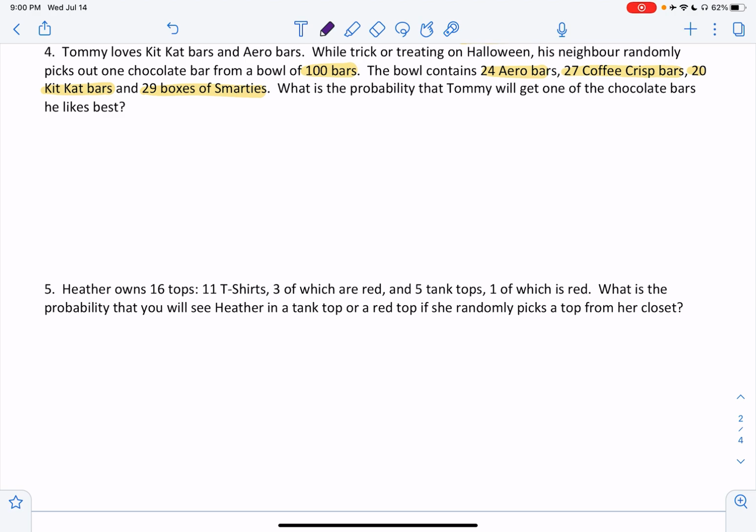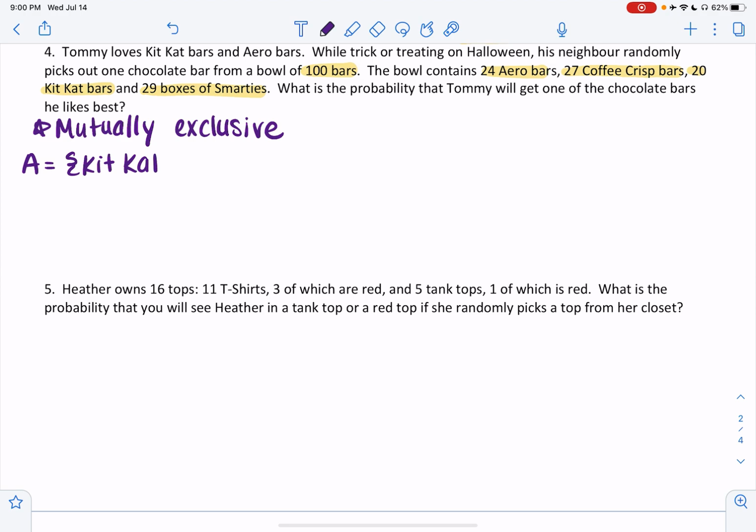No. So what this means is that these are mutually exclusive. So let's define our events. Event A would be that we get a Kit Kat, and event B will be that we get an Aero bar.